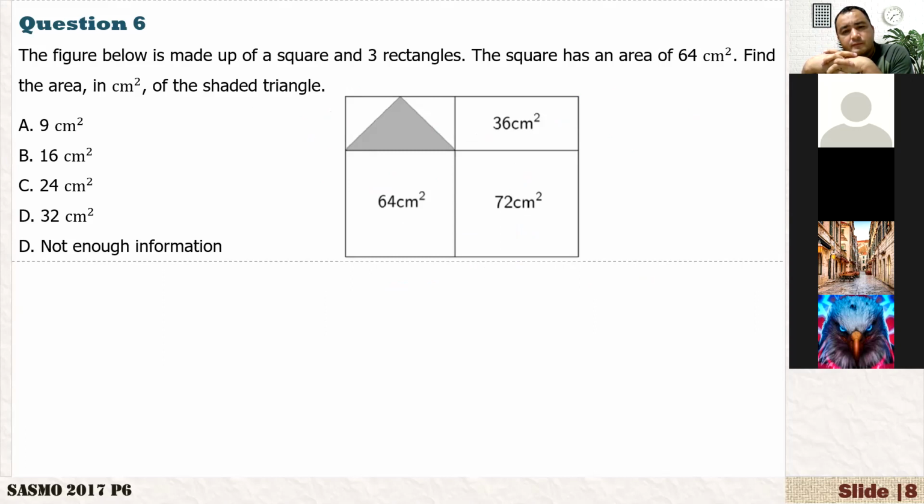The square has an area of 64 cm squared. Find the area in cm squared of the shaded triangle. Very easy question. Let me give you 1 minute, okay?